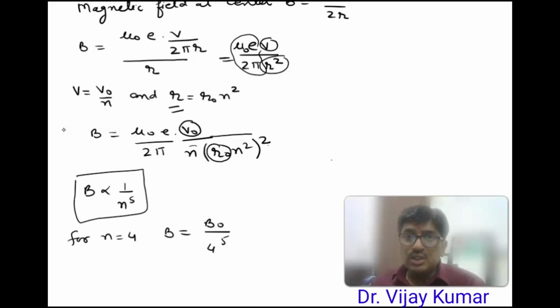If we take all the constants as B naught, we can write B naught upon 4 to the power 5, and 4 to the power 5 means 1024. So B4 is equal to B naught upon 1024.